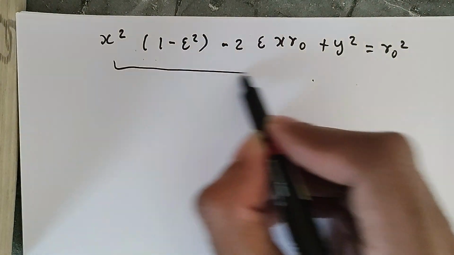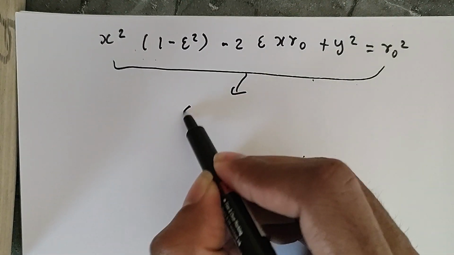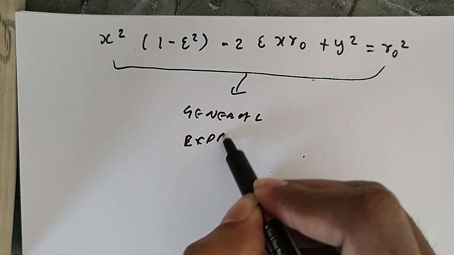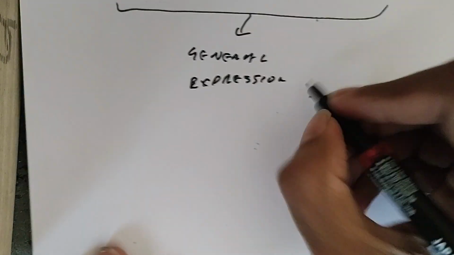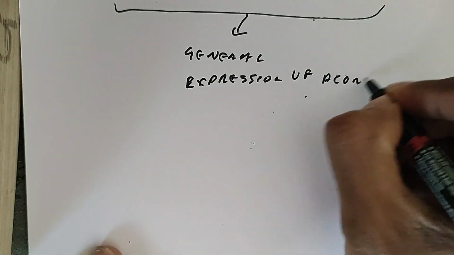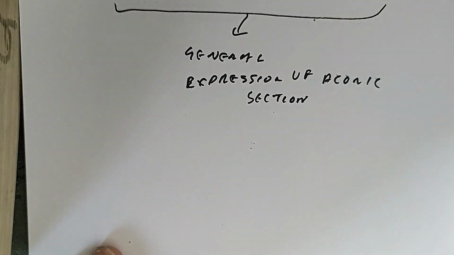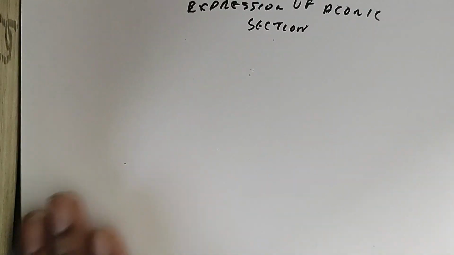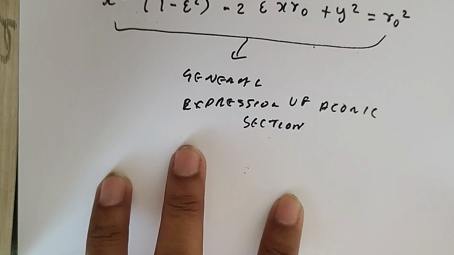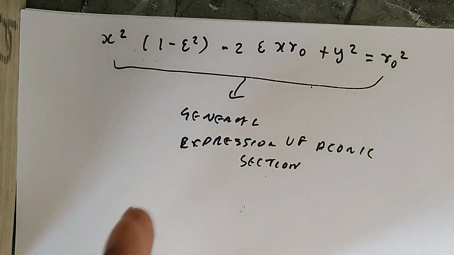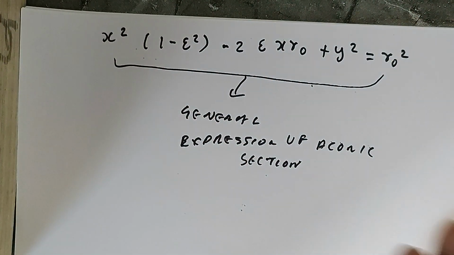Now this is the general expression of a conic section, a particular kind of conic, a general equation of conic section which is along the x-axis.